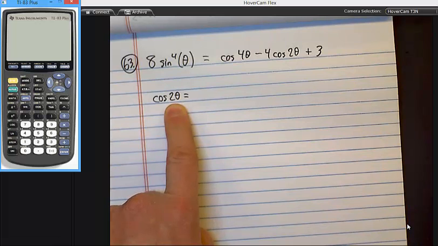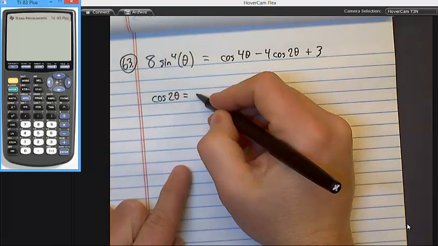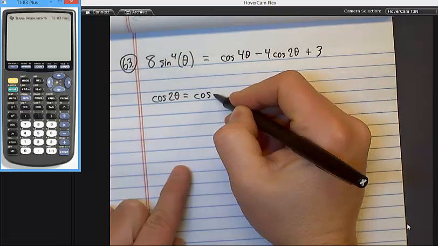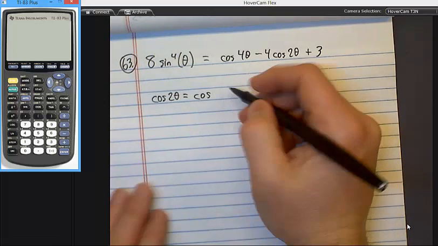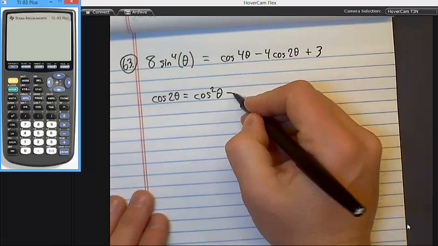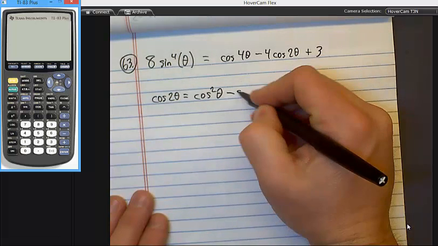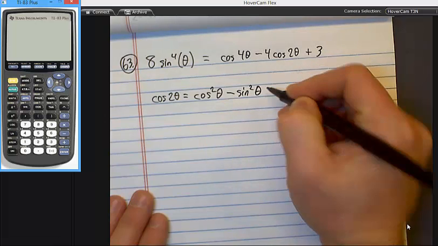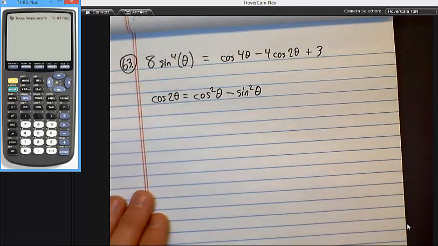How many remember that song? Okay. What does that have to do with this? Well, it's cosine, cosine, but it's theta and theta, so it's cosine squared theta, right? Minus sine squared theta. Thank you. How many are with me so far on this?